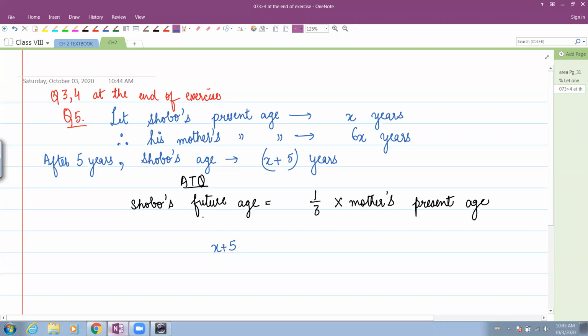So this future age of Shobo is x plus 5. This is equal to 1/3 multiplied by 6x, the mother's present age. And now simplify, and before you transpose anything, simplify your right hand side. So on right hand side, I can cancel this 3 with 6.